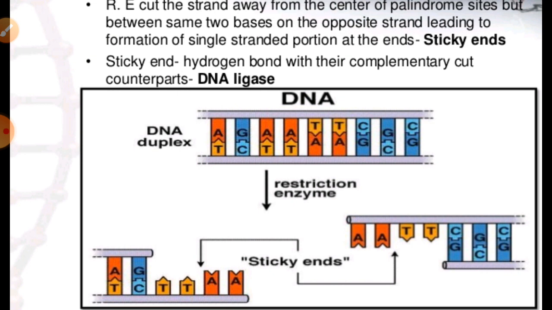First of all, restriction enzymes cut the strands of the DNA a little away from the center of the palindrome site. You should always think about this. Especially the restriction enzyme cuts the DNA strand a little away from the center of the palindrome site, but between the same two bases on the opposite sides.